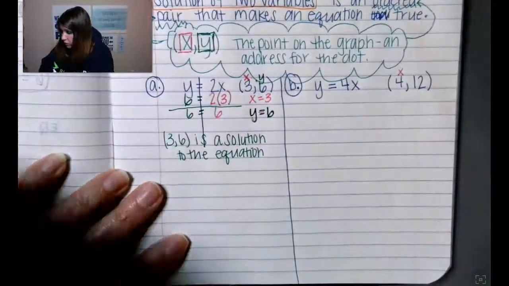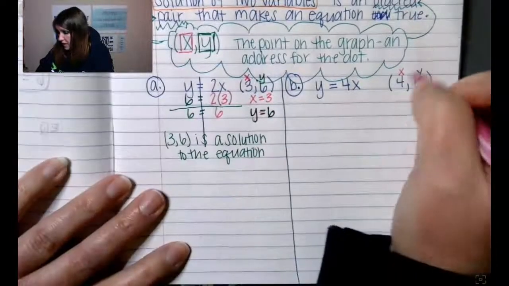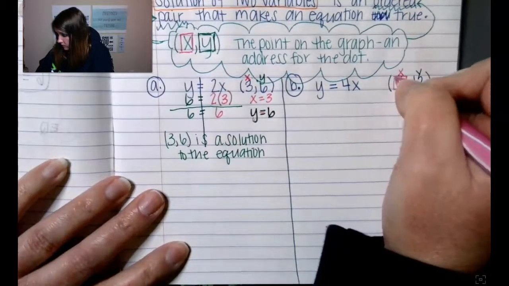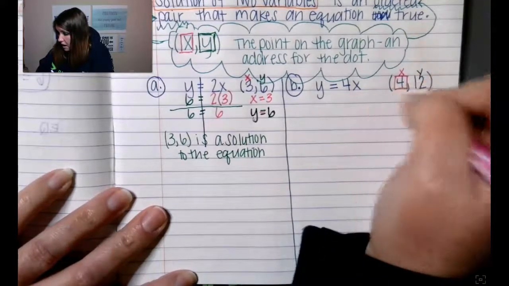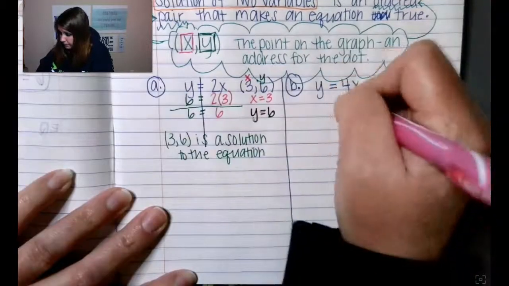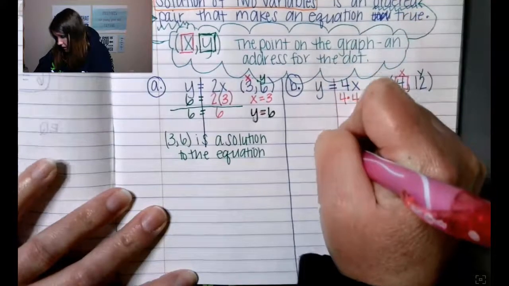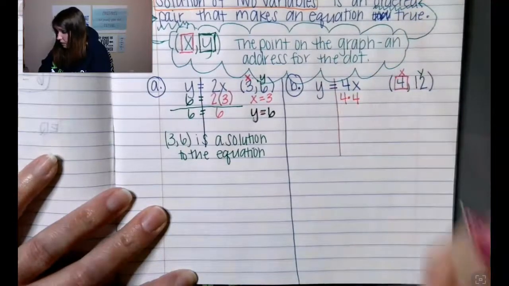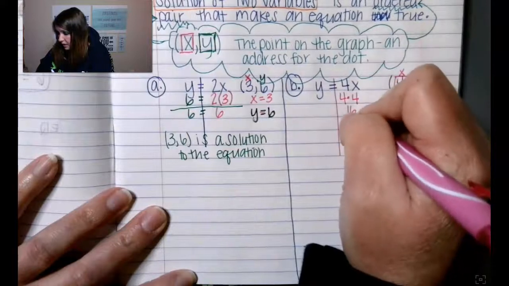X, y, no z. Okay, so where I see my x, I am going to put a 4. Draw my balance line. And I know that 4 times 4 is 16.